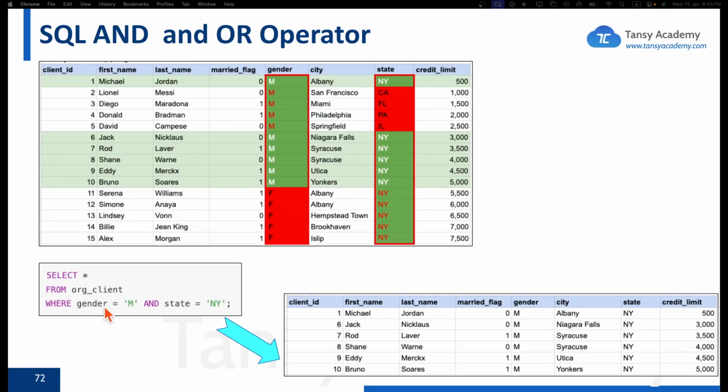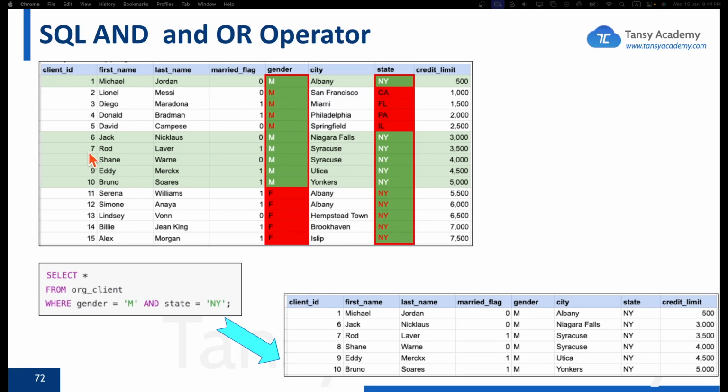Let's say that I want to pull all the clients whose gender is male from the state of New York. This is quite common when you're working in a reporting department trying to print reports for a marketing company or for big chain stores. Here, don't get confused with my colors.